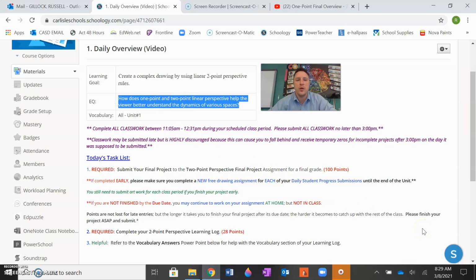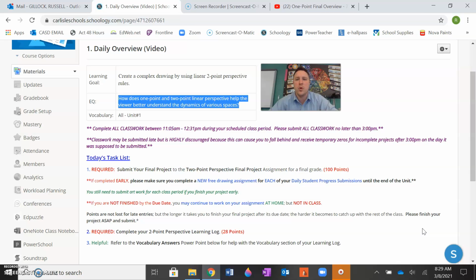So make sure that for your artist statement and your essential question responses, you are writing detailed responses that show a thoughtful reflection, that are not just quick 1-word or 2-word answers. Make sure they are 2 to 3 solid sentences that really show a strong reflection, that you really read the question and that you are explaining to me your full understanding of the question and the objectives of the assignment.